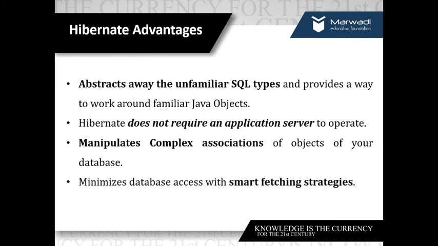It also minimizes database access with smart fetching strategies. It uses caches. 2 levels of cache are being used. So we'll further see in next lectures how this cache works. What is a cache? We'll go deep into that also. And it provides simple querying of data. Yes, it has its own HQL, that is Hibernate Query Language.